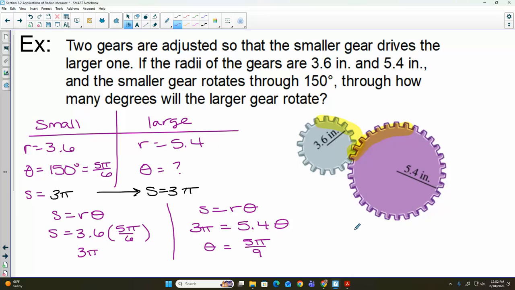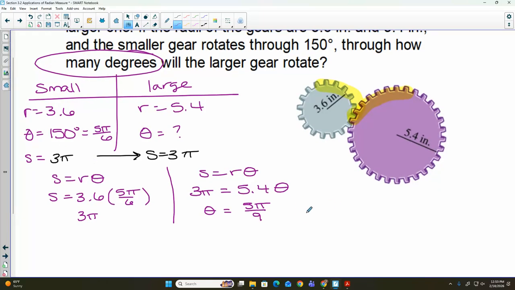All right. Have I lost anybody? Am I done? What did the question ask me? Degrees. The number you put into the formula is radians. The number you get out is radians. So how do I convert this into degrees? 180 over pi.